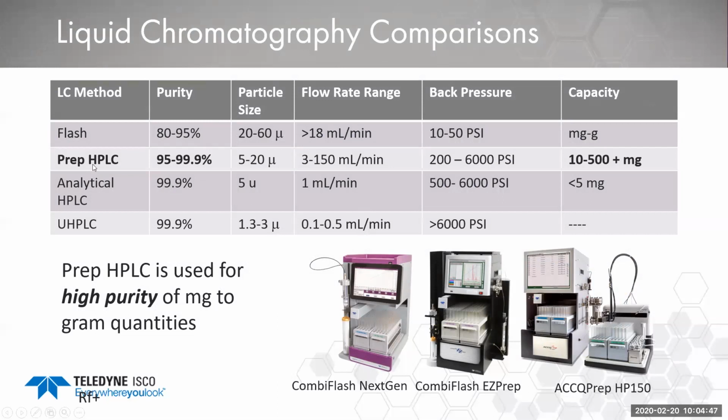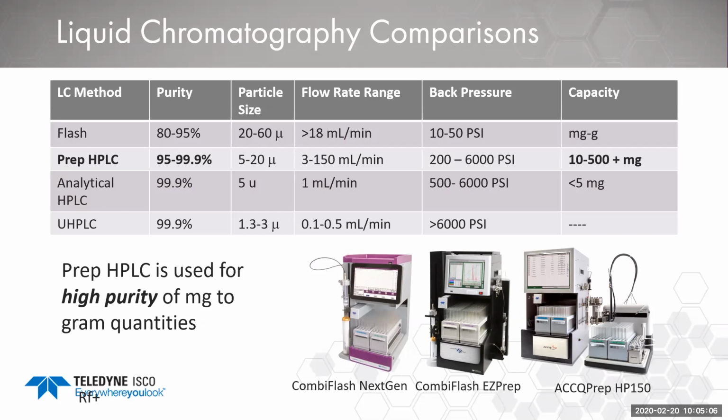What I'm going to focus on here is the Prep HPLC. The systems we currently use for our higher resolution work are typically 3 to 150 mils per minute when we're using them for mass spectroscopy.